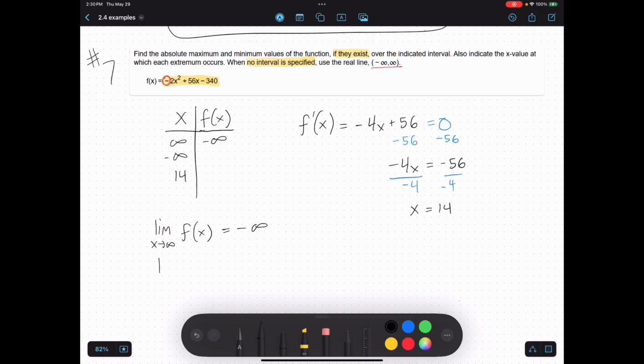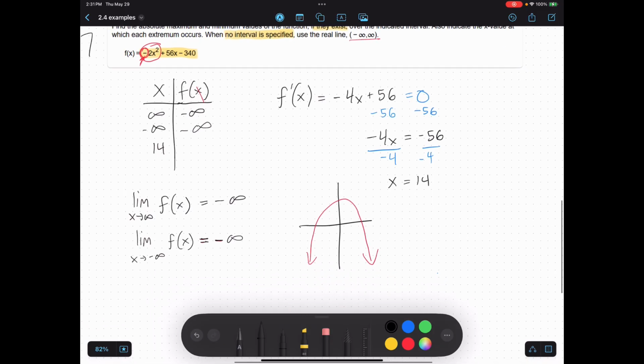Well, what if I let x get infinitely negative? What if I let it get infinitely large in the negative direction? Well, once again, this highest term is going to dominate. And when I square a negative number, it becomes positive, and then that negative coefficient means that the y value is going to be approaching negative infinity again. So in both directions, my function is approaching negative infinity, which makes sense because, like we already said, because of that negative coefficient, we know it's a downwards facing parabola.